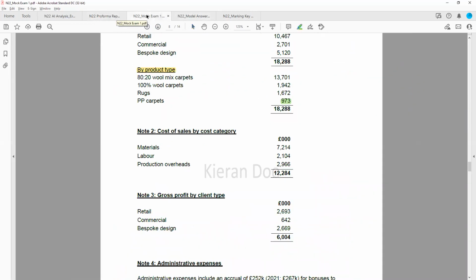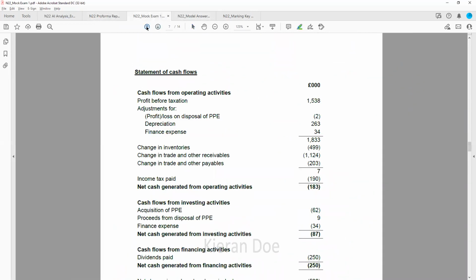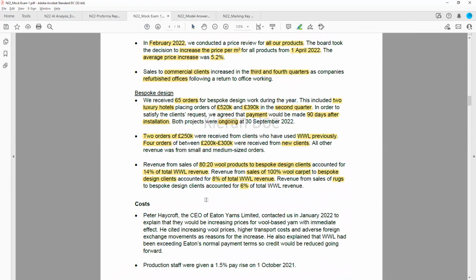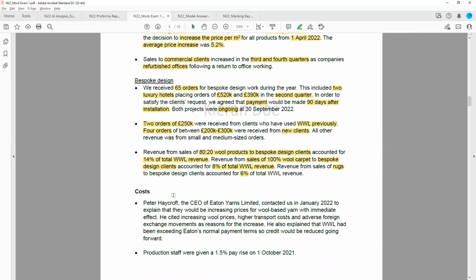So if we look at the exam paper information and what we're told, with costs, this could be cost of sales, it could also be admin and selling and distribution. Peter Haycroft, the CEO of Eaton Yarns Limited, contacted us in January 22 to explain that they would be increasing prices.